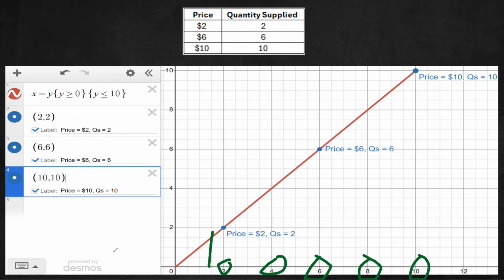So, as all else is held equal, we are going to produce more and more and more.